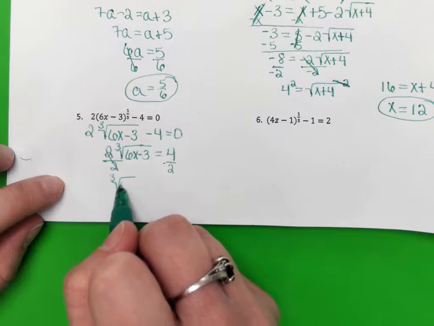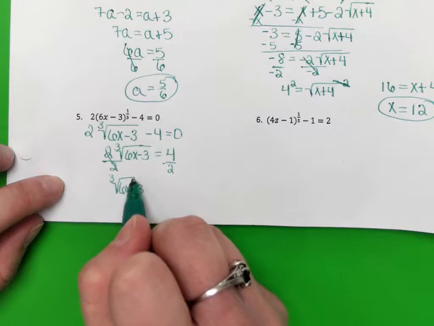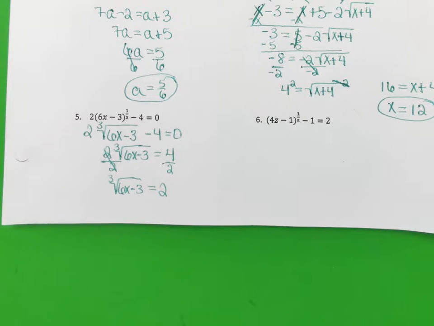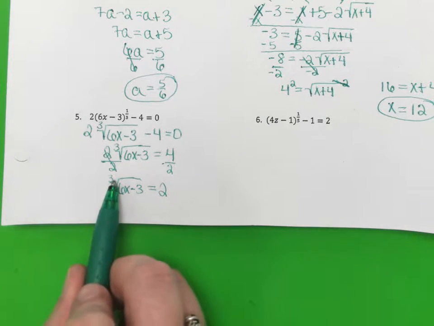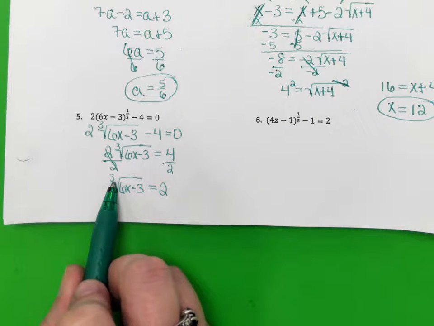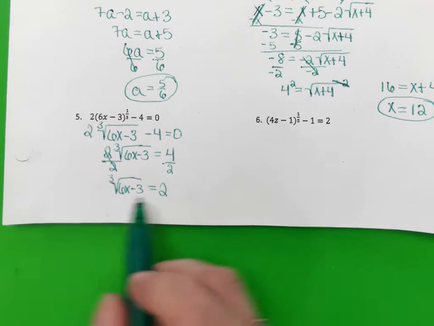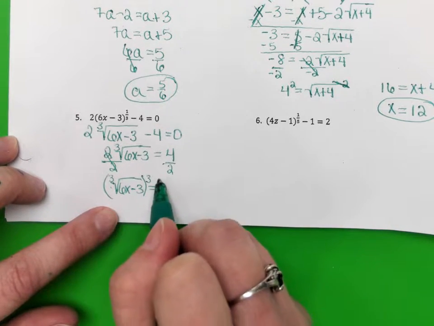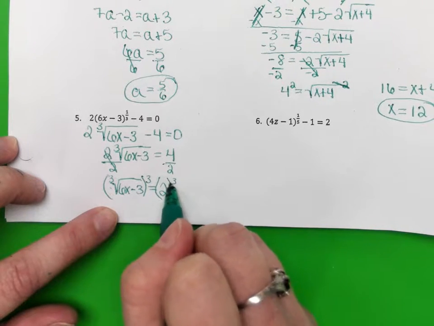And here's what I'm talking about right here, okay? If you forget to write that 3, you're going to want to square both sides. And I can't square both sides. What power gets rid of a third root? Cube, a third power. So you have to cube both sides. Not square them. Cube them.